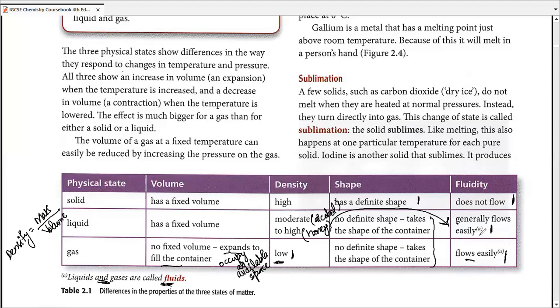Now, this one does not give you a good differentiation, but let me tell you, gases flow easier than the liquids.